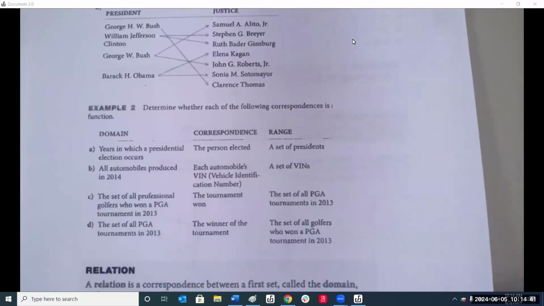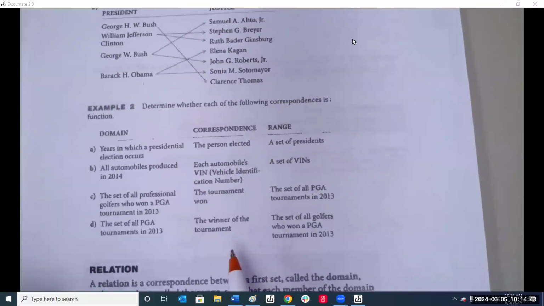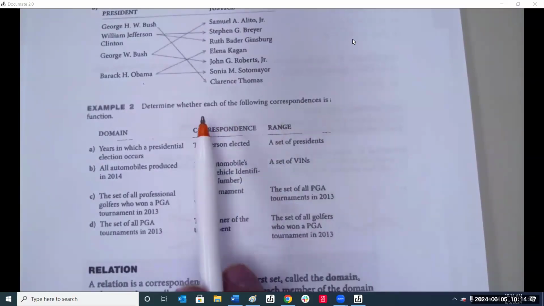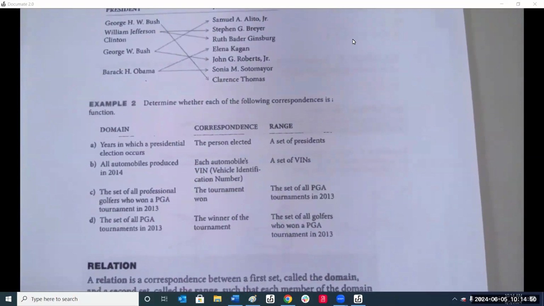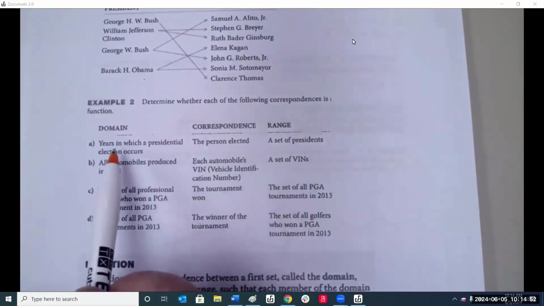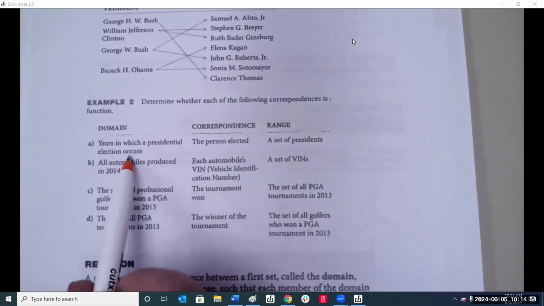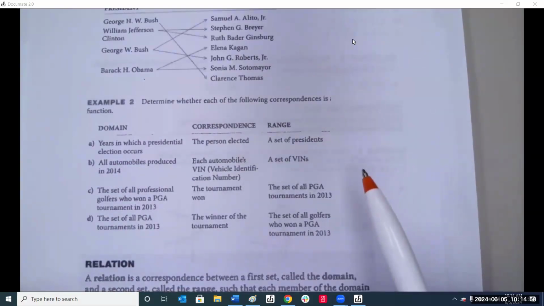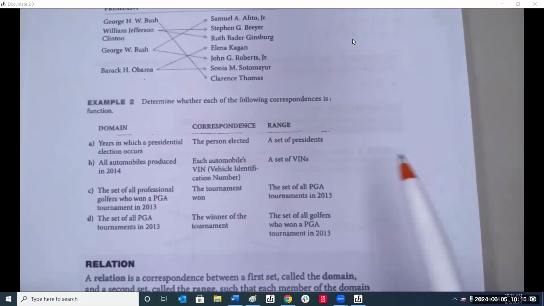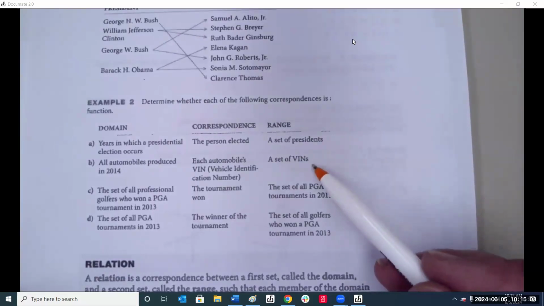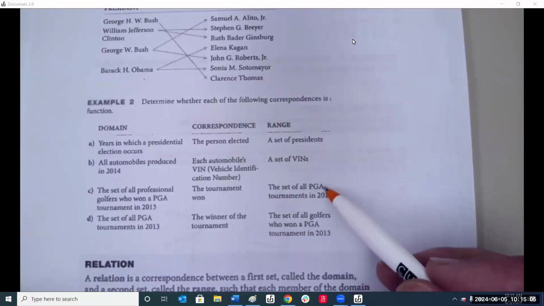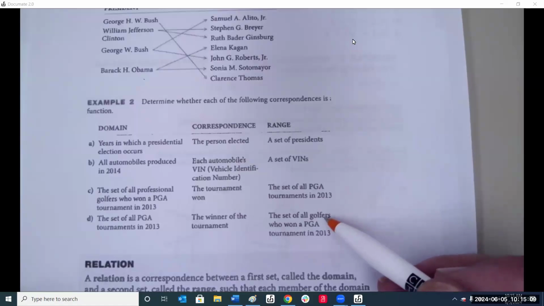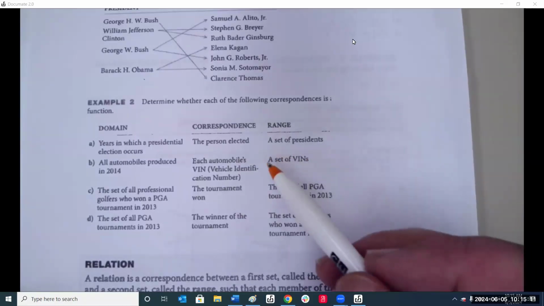How about the last one? Example 2. Determine which of the following correspondences is a function. Years in which presidential elections occur, the set of presidents, the set of VINs, the set of all PGA tournaments, the set of all golfers in the PGA.